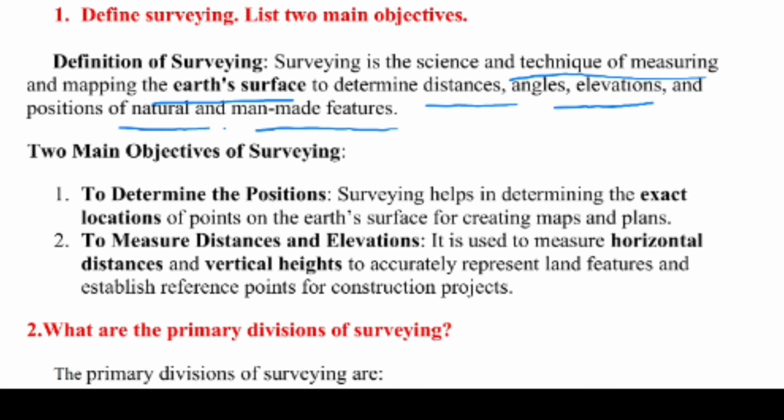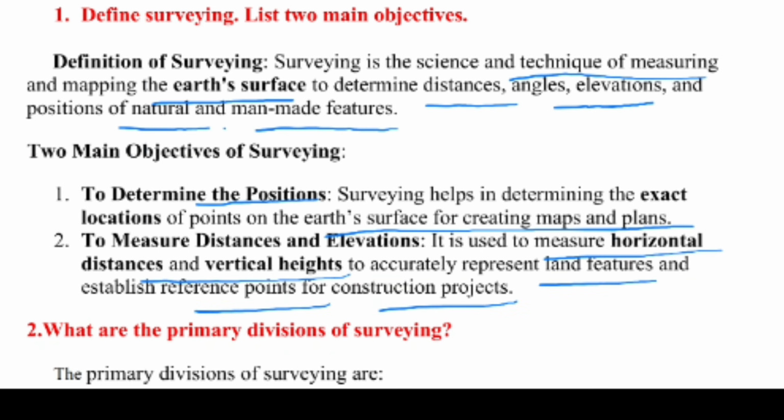The main objective is to determine positions, meaning the exact location of points on the earth's surface, creating maps and plans, and measuring distances and elevations, meaning horizontal distance and vertical heights accurately, and establishing points for construction projects.